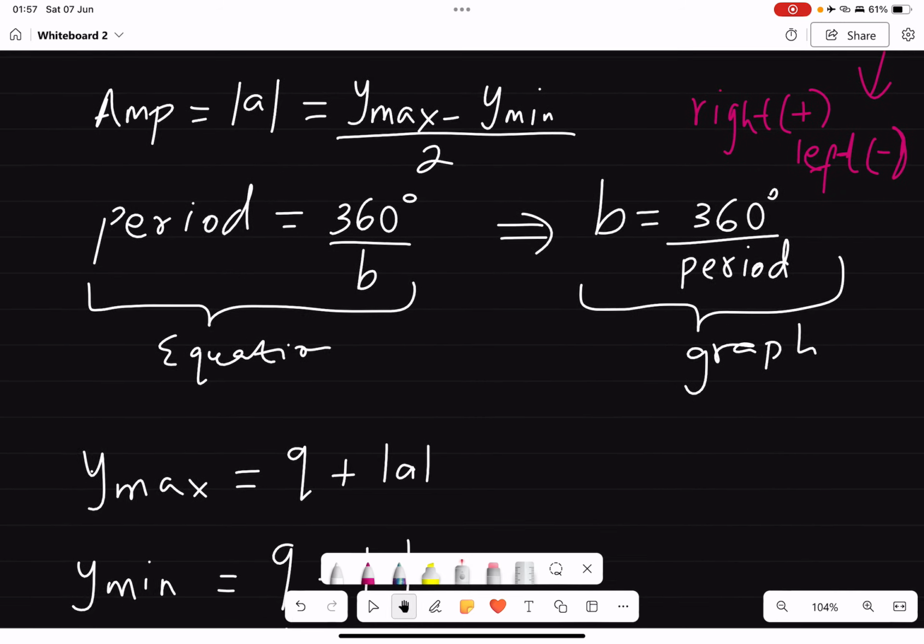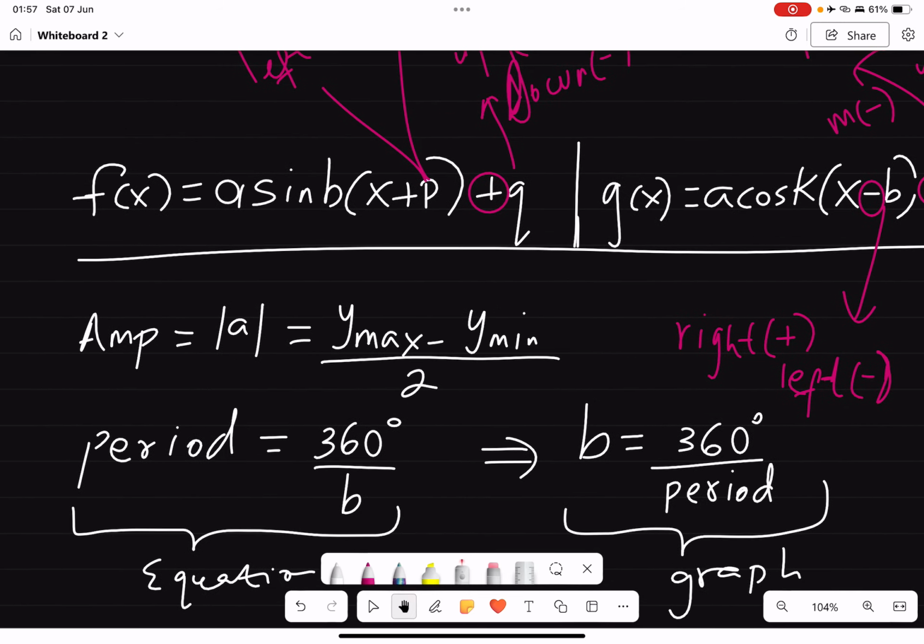And then A basically vertically stretches the graph. So A is a vertical stretch and B is a horizontal stretch or compression. And also A is a vertical stretch or compression. If A is not 0 point something, we are stretching.